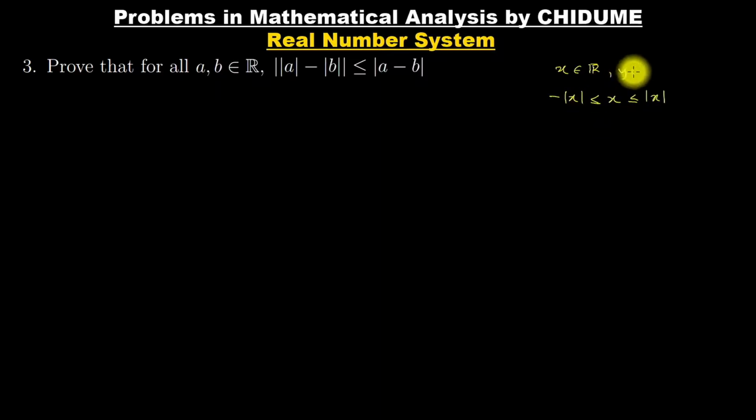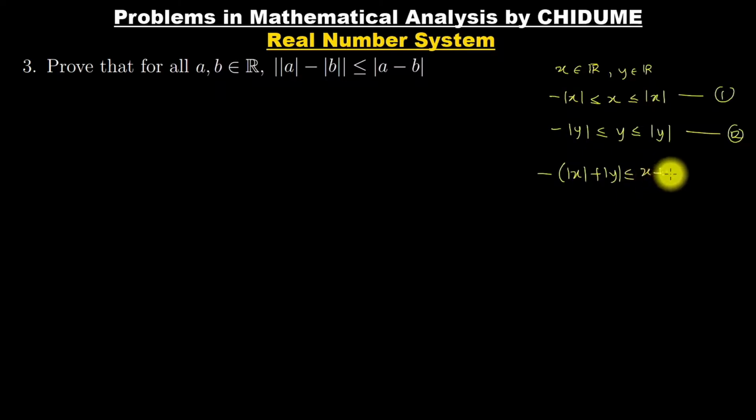And also, if I pick y in R, the negative of the absolute value of y is less or equal to y, which is also less or equal to the absolute value of y. Now if I add these two inequalities together, what am I going to have? On the left hand side, I'm going to have negative of the absolute value of x plus the absolute value of y, is less or equal to x plus y, which is less or equal to the absolute value of x plus the absolute value of y.